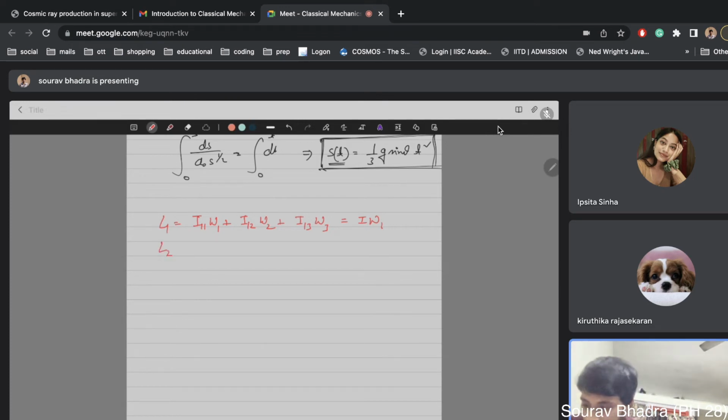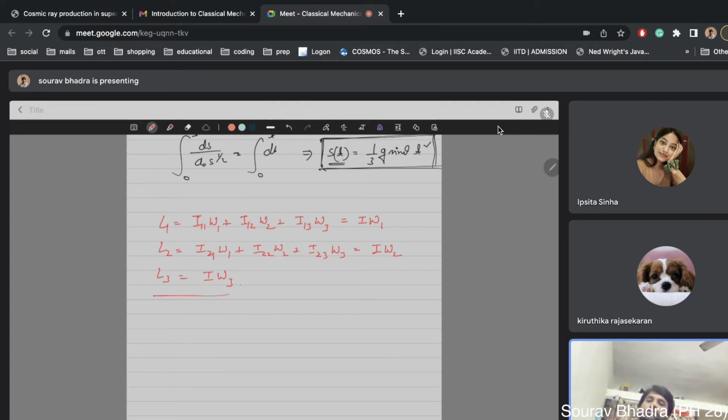Similarly L2 can also be written as I omega 2, and L3. Ideally it should be I23 omega 3, but for a principal axis we can write it this way. So similarly I omega 3.